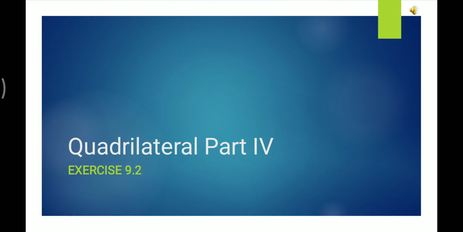We are already done with properties of parallelogram and rectangle in previous lectures. Let us today focus on properties of some more special quadrilaterals, that is rhombus and square. Initially we will discuss the properties of rhombus.